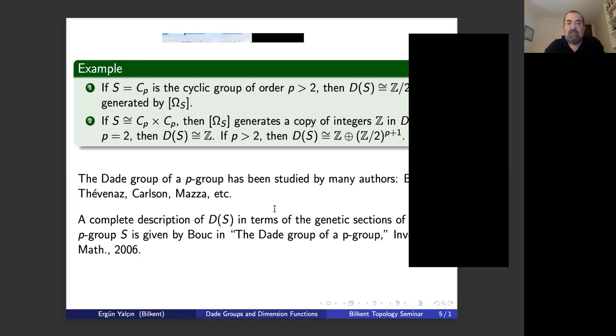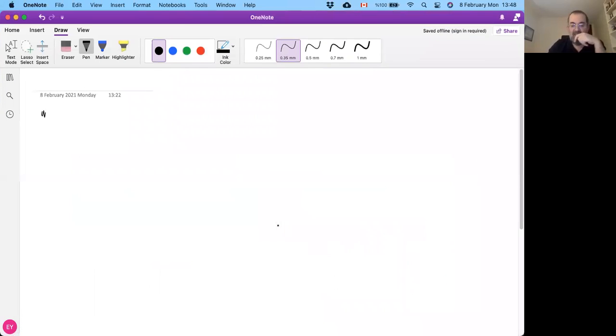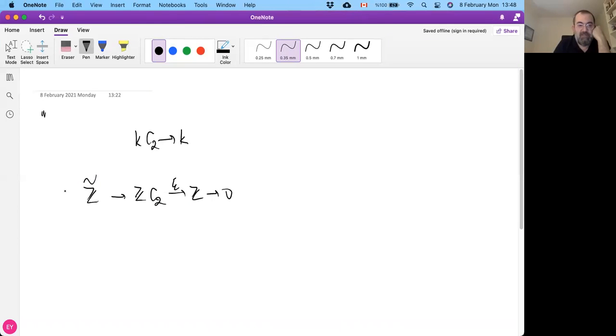If you want, I can try to show how this works. So when you have K C2 mapping to K, normally with Z C2 mapping to Z with augmentation, the kernel is what we call Z tilde. This is generated by 1 minus g, say C2 is generated by g.